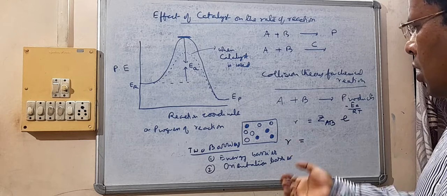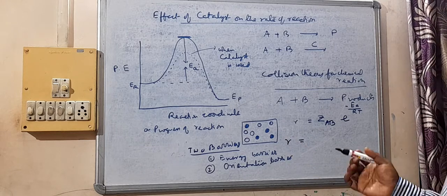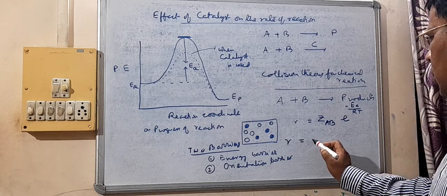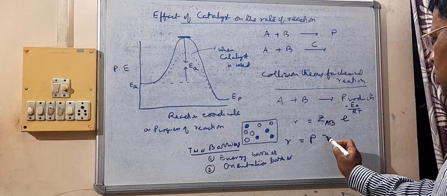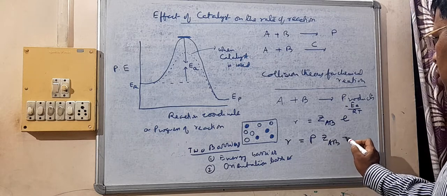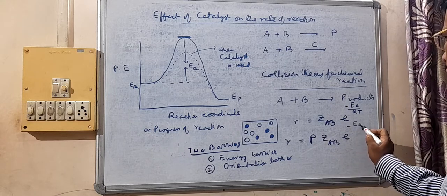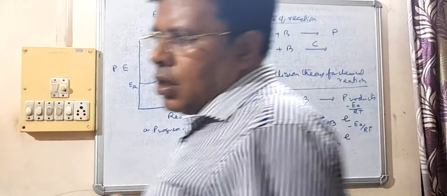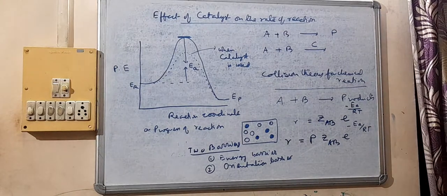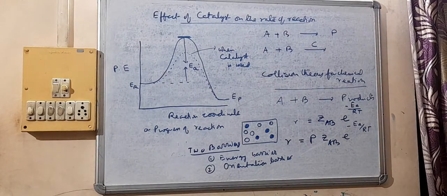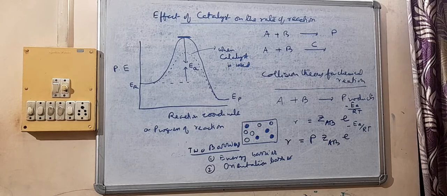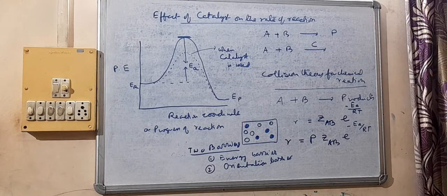And keeping that orientation factor into consideration, the rate of reaction is found to be equal to P into ZAB e to the power minus EA by RT, where this P is called the probability factor or the steric factor.